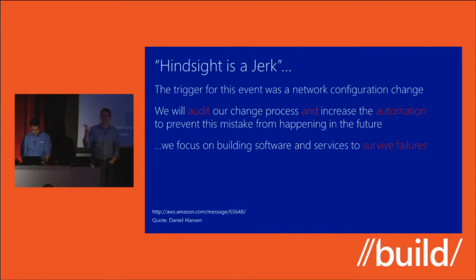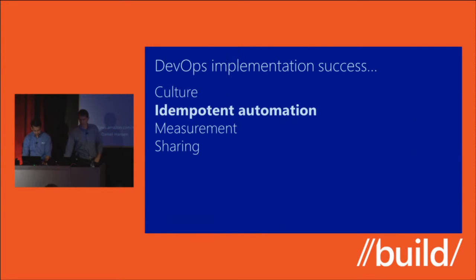The way to prevent failure, or at least repetitive failure, of the overall site, not of individual systems, is with automation. Automate to prevent the mistake from happening in the future. You just know someone was in there, clicked on a UI button at the wrong time, whole site went down. Bad idea. And we will focus on building software and services to survive failures by doing what? By automating and by this idea of measurement, which is the auditing.